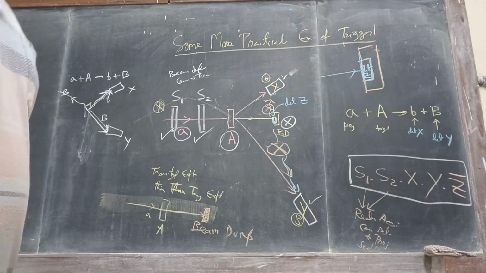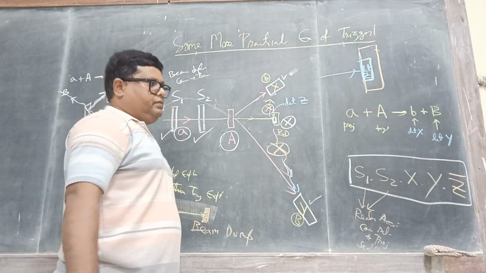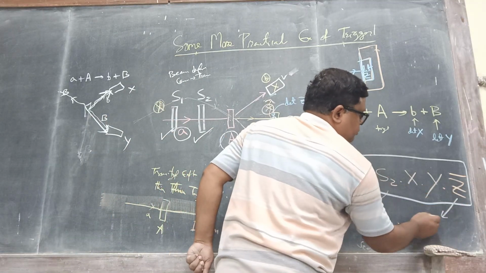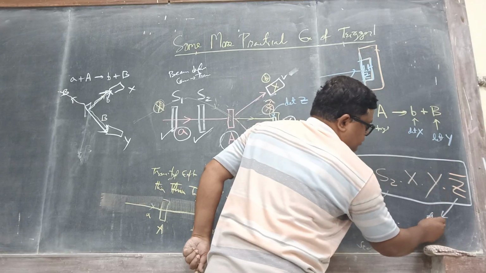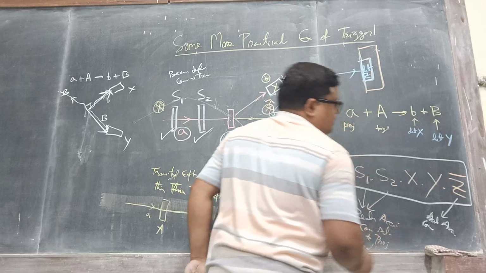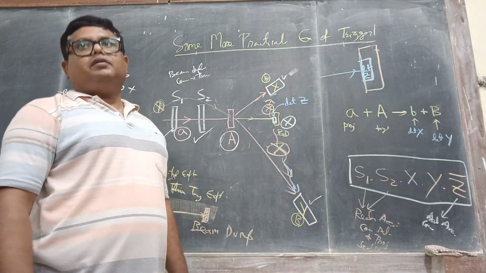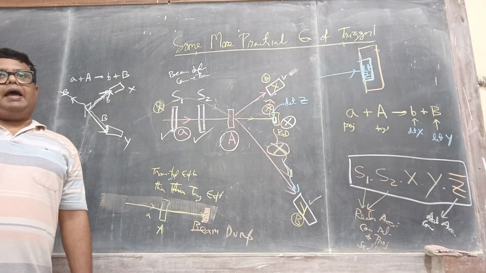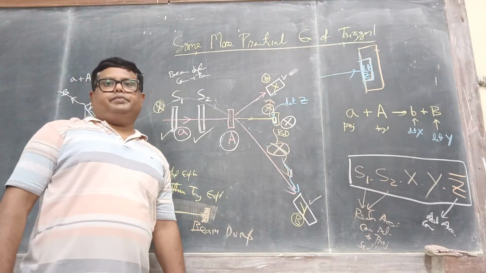See, this is the trigger, and this Z bar is basically to reduce accidental coincidences from events happening in the beam dump.